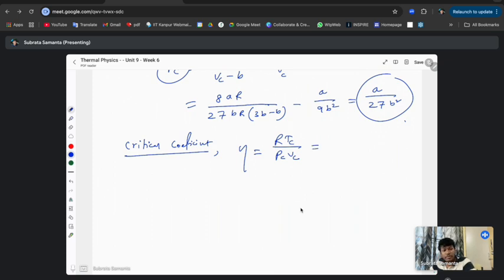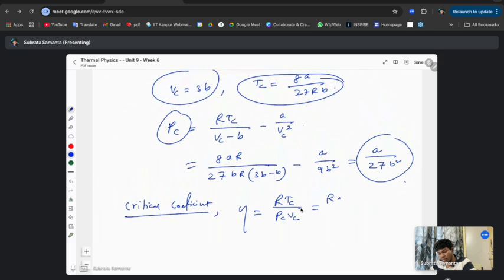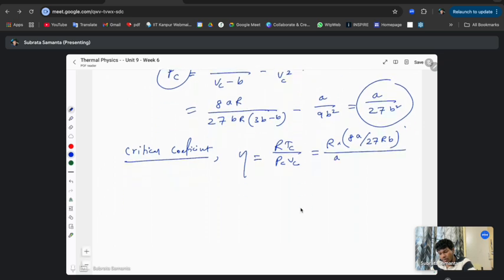But once you calculate for the van der Waals gas, it becomes R times TC, which is 8A over 27 RB, and PC, which is A over 27B square, times 3B, so this is basically 8 over 3.